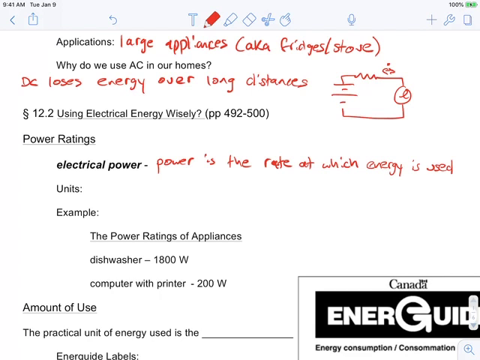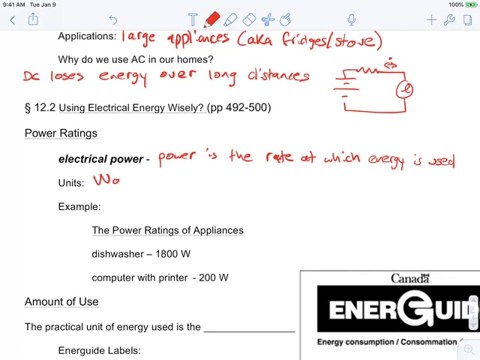So if you've heard of someone being very, very powerful, it just means that they're using a lot of energy very, very quickly. And in electricity, it's the exact same thing. It's how quick are we using up our electrical energy. The units for power are measured in watts. And we have a symbol for it, W.